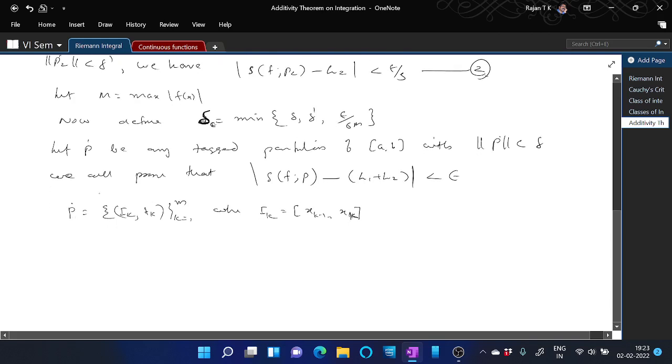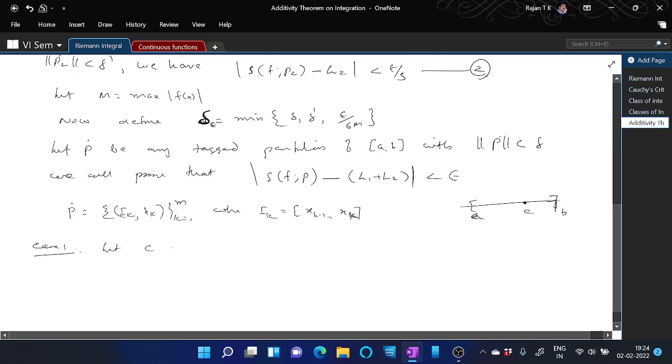Now there are two cases. Since c is a point in between a and b, this c may be sometimes a partition point, one of these xk, or maybe inside some interval like this. So let us take case 1.